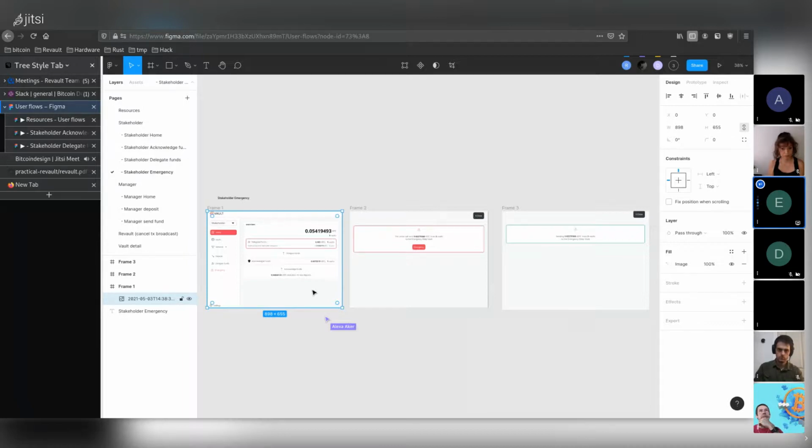It is totally not in their multisig. It means that at any time, a stakeholder can say, "Hey, my funds are in danger. I can send every fund, even the funds I give to managers. I can save everything and send it back to somewhere, I don't know, a ledger or something like that."